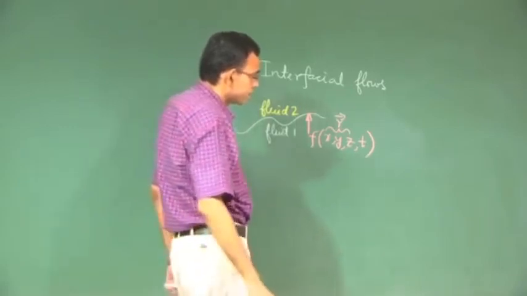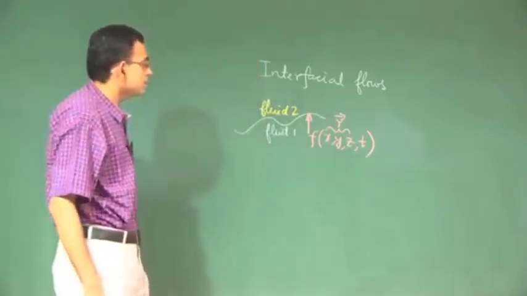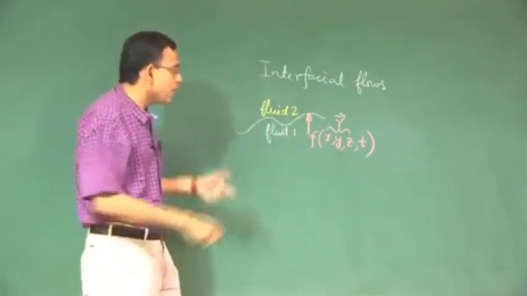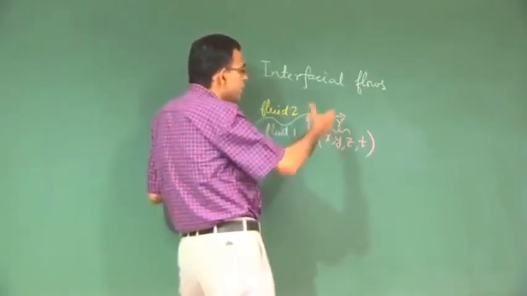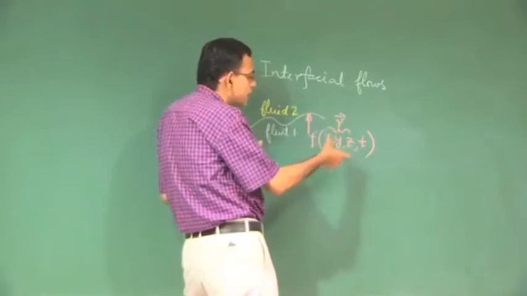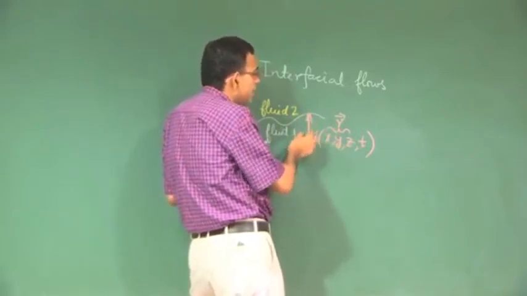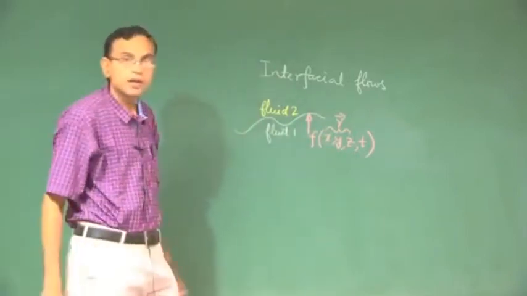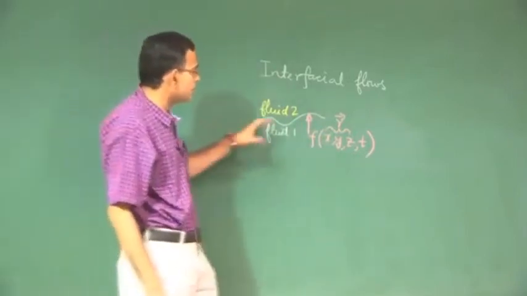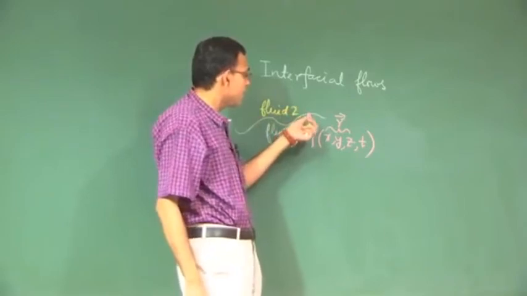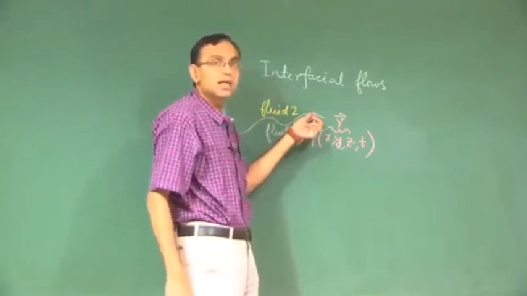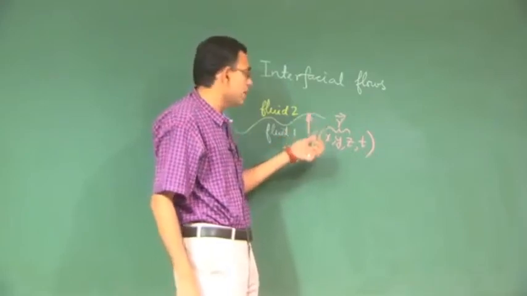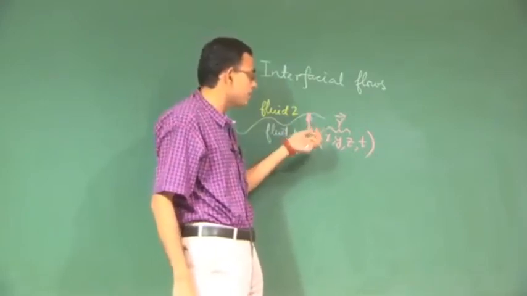Now this interface will be expected to dynamically evolve with position and time, and that is why the interface is described as a combined function of position and time. Being a combined function of position and time, any point on the interface, the change in its position will be dictated by the total derivative of f.